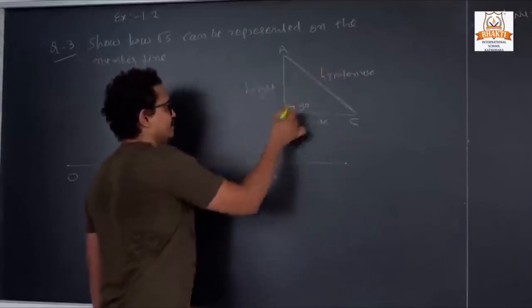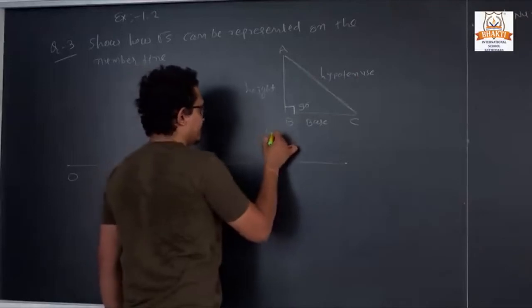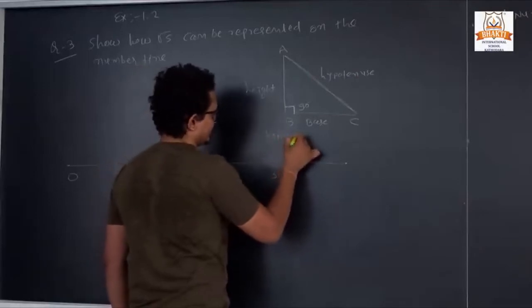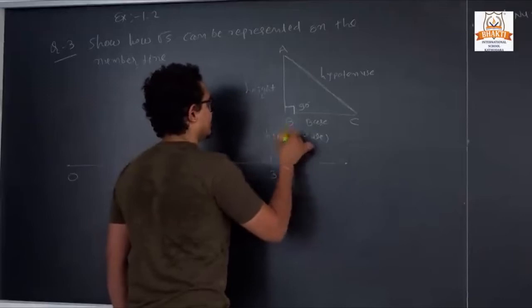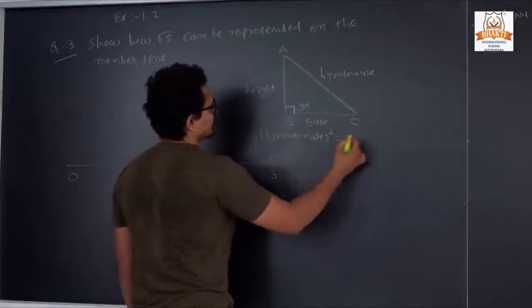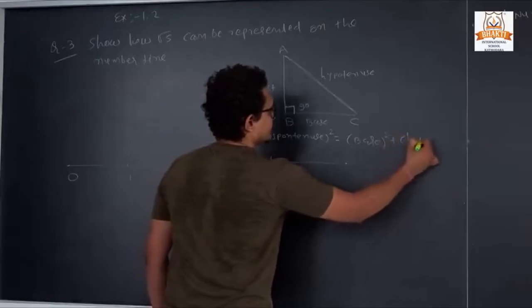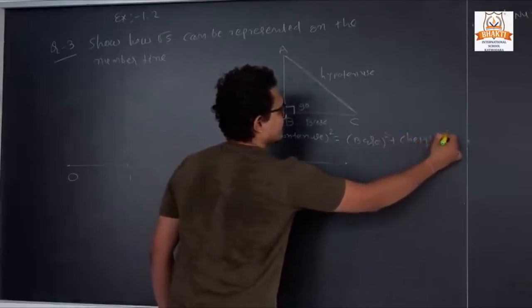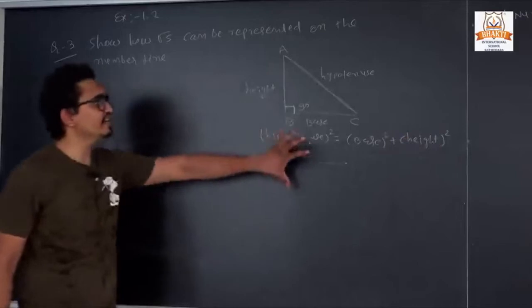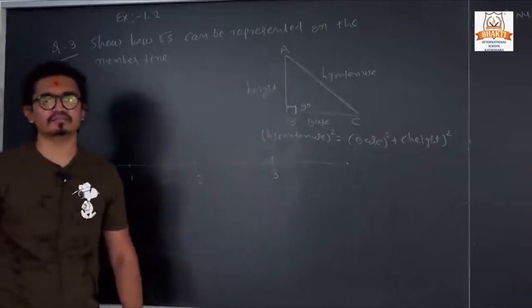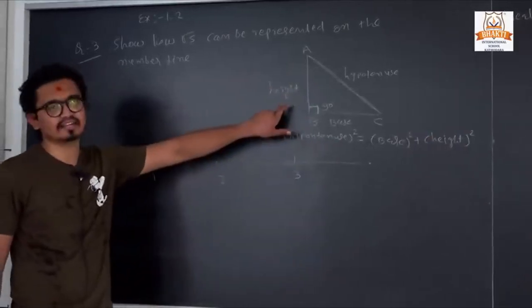So according to the principle, hypotenuse square is equal to base square plus height square. Last time we already discussed that theorem.